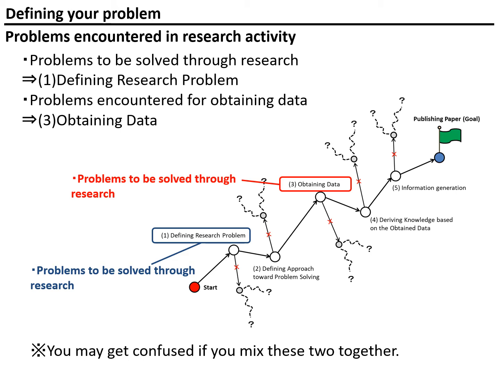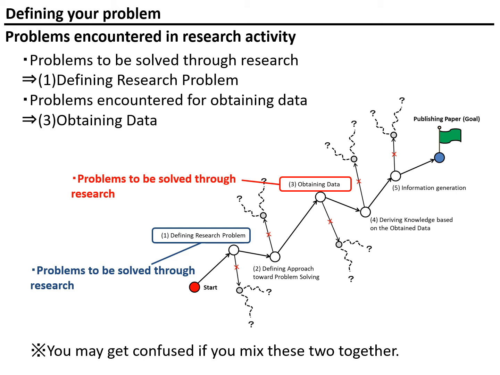And also when you are working on some experiment or investigation, you may encounter problems in this step of obtaining data. So I would say these are problems encountered in obtaining data.